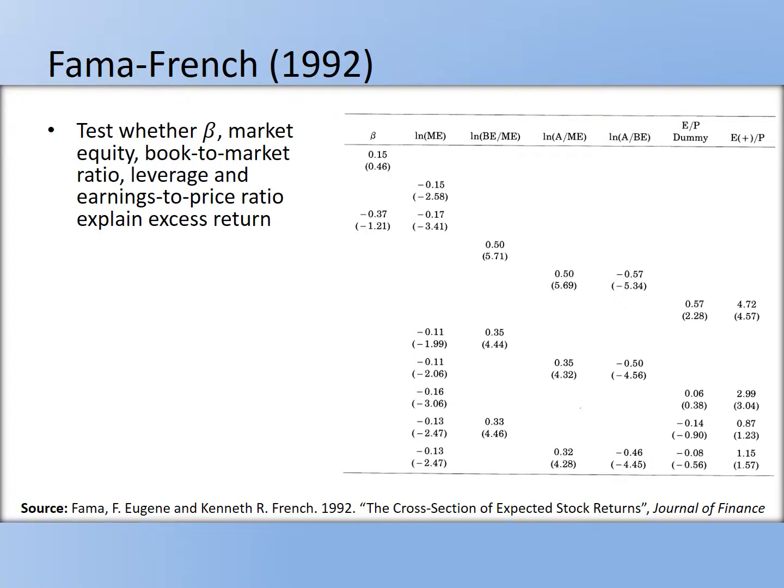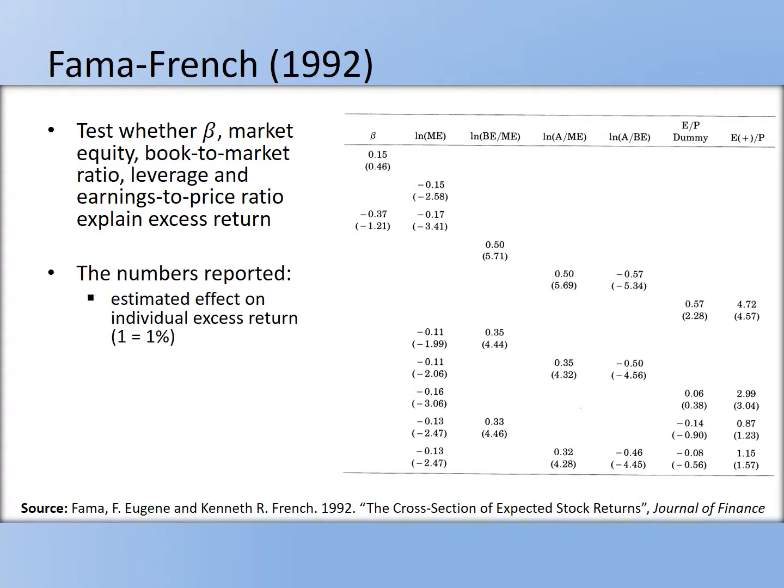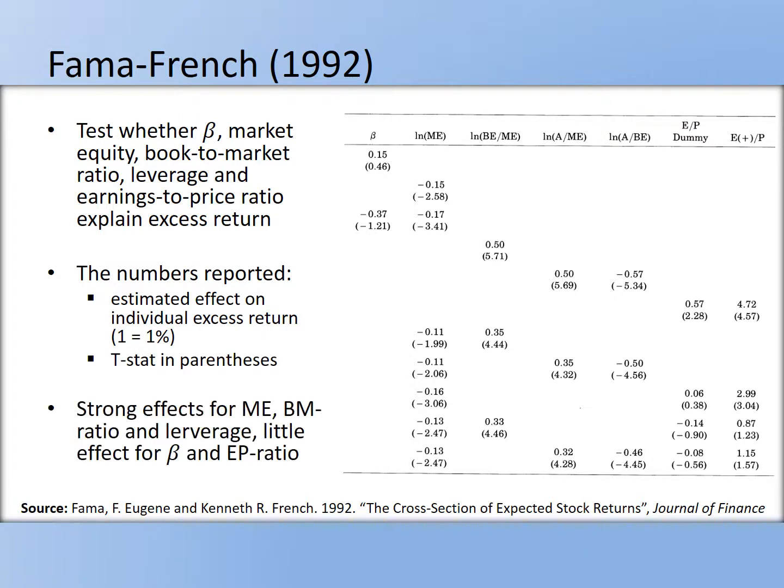So what do we see? First, beta's coefficient is not statistically significant. The number in the bracket is the T statistic.